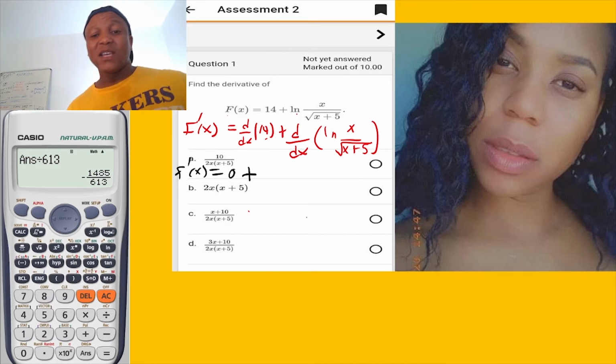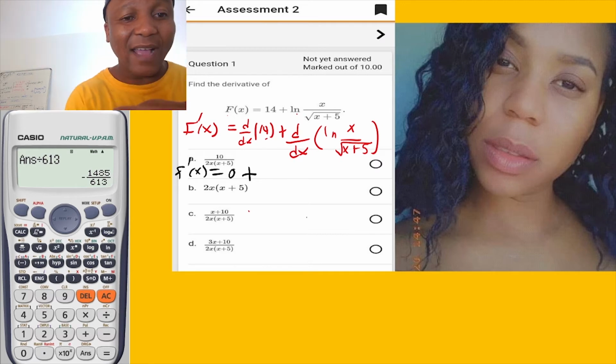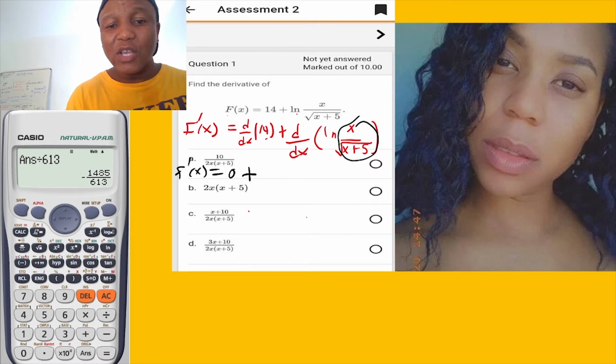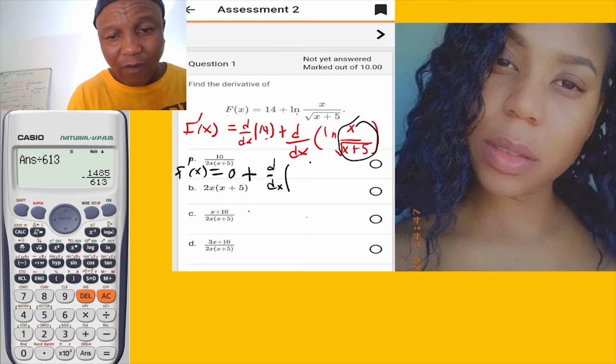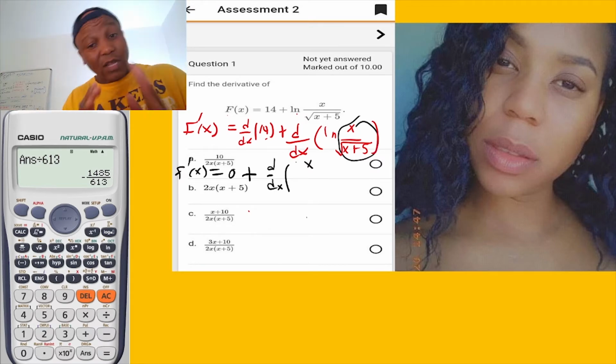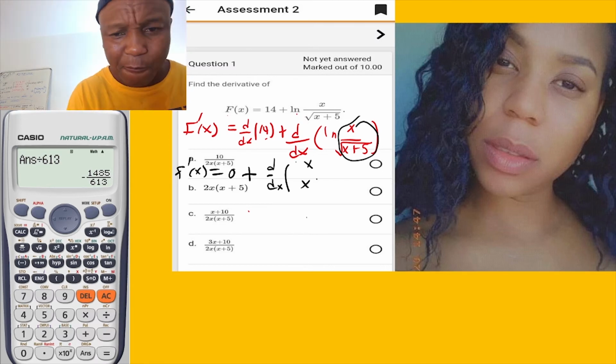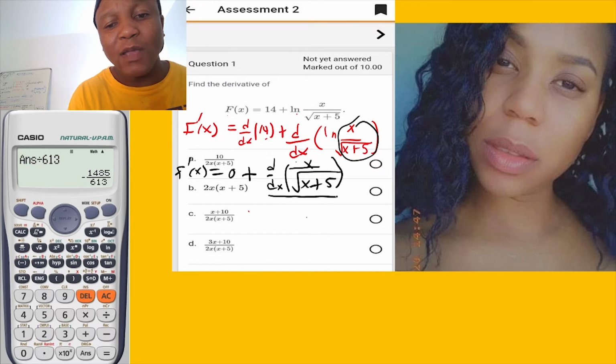For this case, we take our function and put its derivative right on top. What is the function? It is x over x plus 5, anything in front of the ln. That's how you differentiate ln, like I showed you just now. Then we put it over everything the way it is, x over x plus 5.